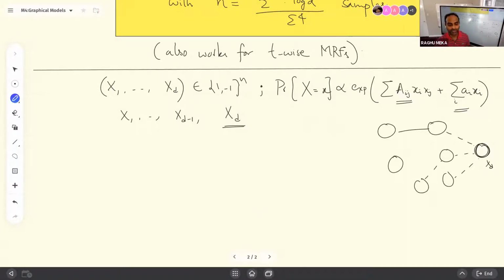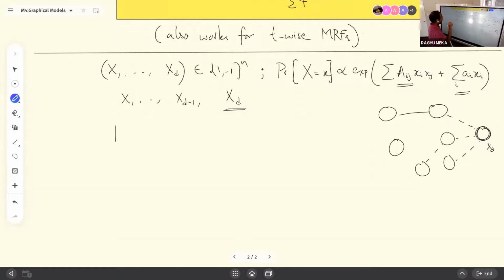So what can I do to address that? How do these variables 1 through d minus 1 influence the distribution of x_d? What's the way to ask that question?